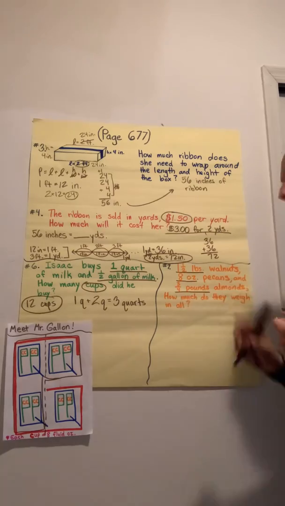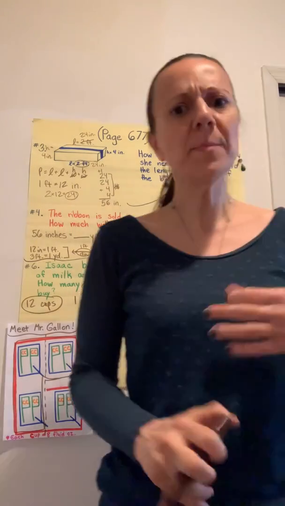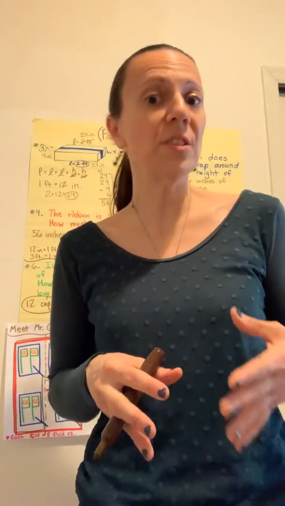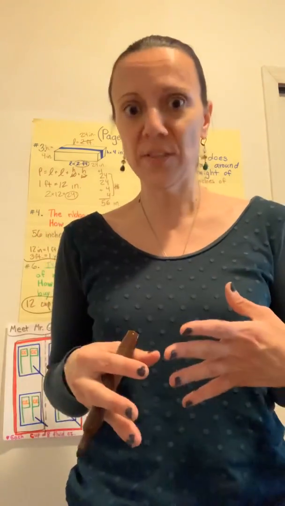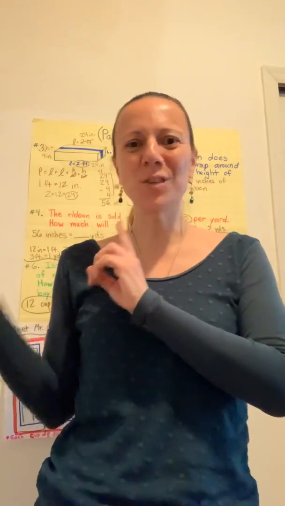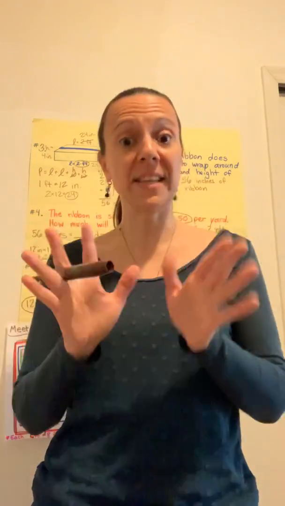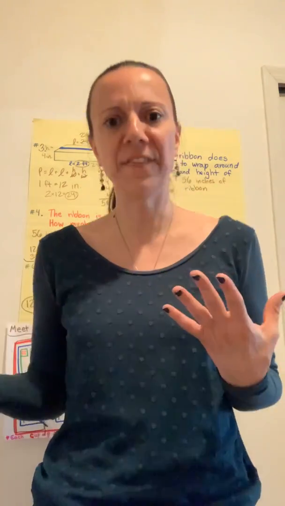They want to know how much they weigh in all. They don't ask me for a specific unit in the question, so I can make it any unit I want to. But again, just like that first one, I'd rather change everything into ounces because then I know I just have to multiply, which I find easier.